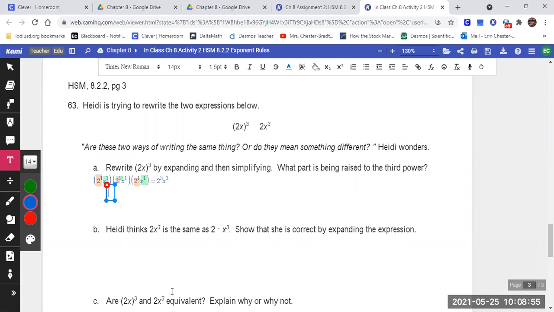Just the 2, just the x, or the whole parentheses? The entire parentheses. So the part being raised to the 3rd power is the entire parentheses.